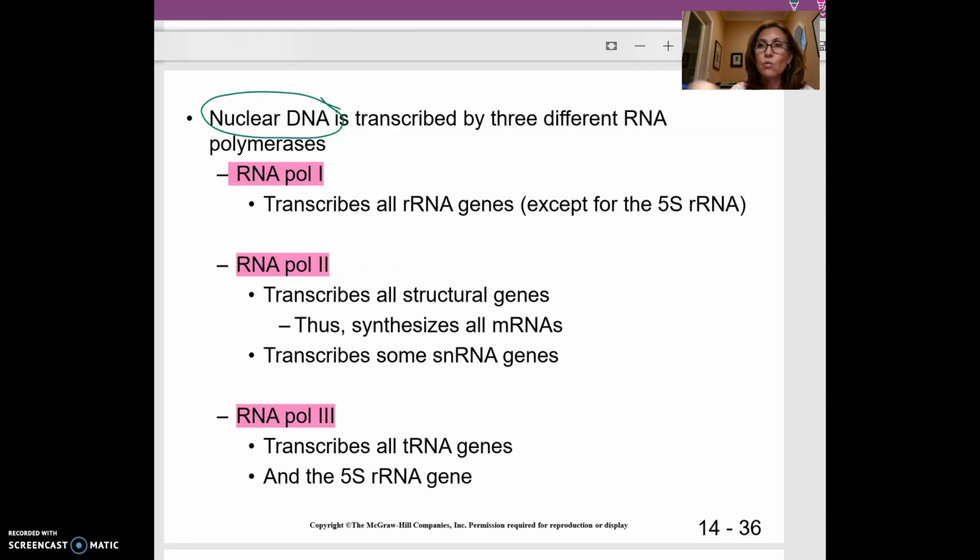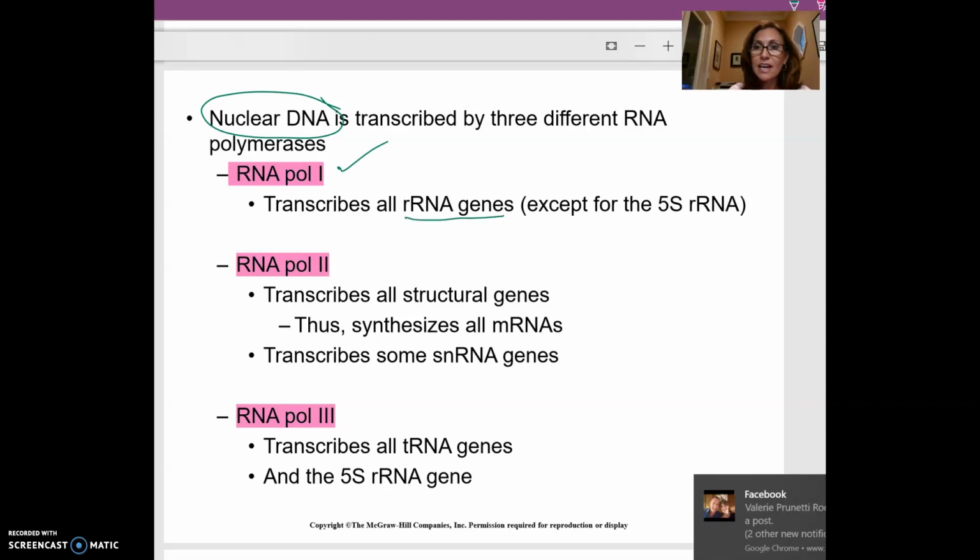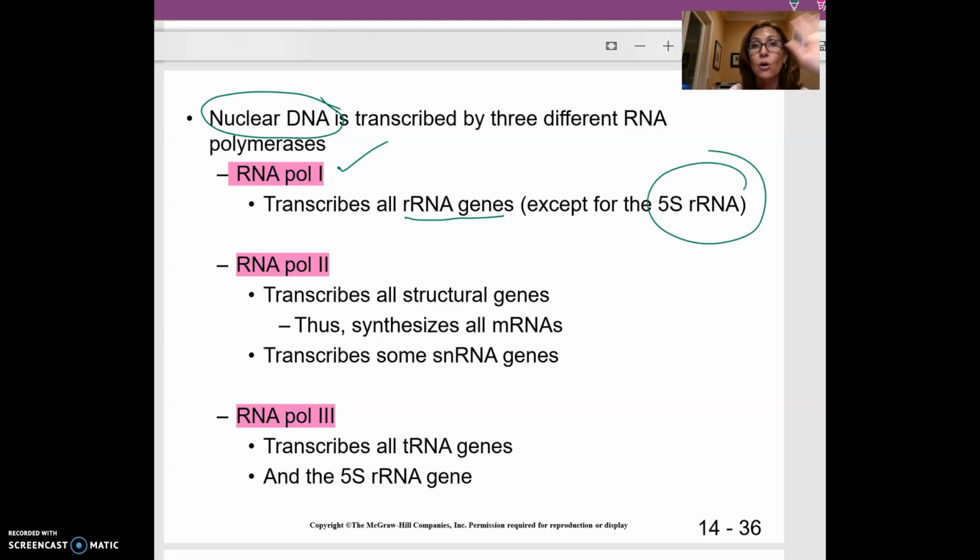RNA polymerase 1 itself transcribes all ribosomal RNA genes. And so what we say is that they make basically all the different types of ribosomal RNAs except for the 5S ribosomal RNA. Don't worry about that right now. That's more for the next genetics class. RNA polymerase 2 makes messenger RNAs and some snRNAs, okay?